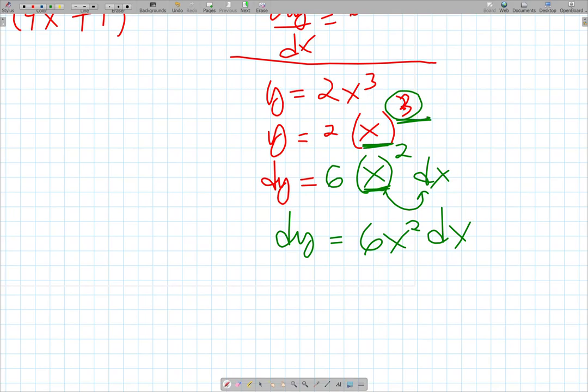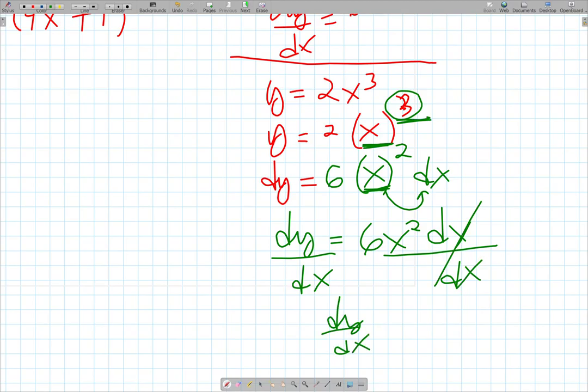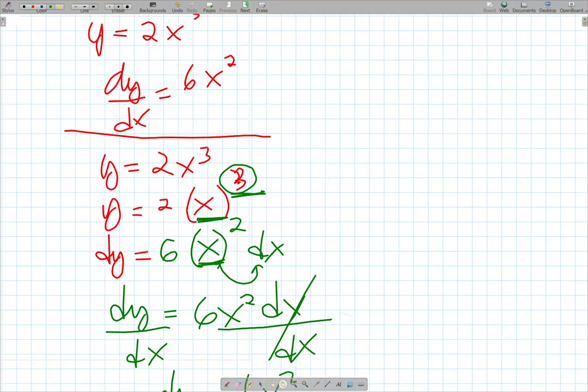So since we are looking for dy over dx, derive both sides by dx, cancel out. So our dy over dx is equals to 6x squared. Okay, next is another example.